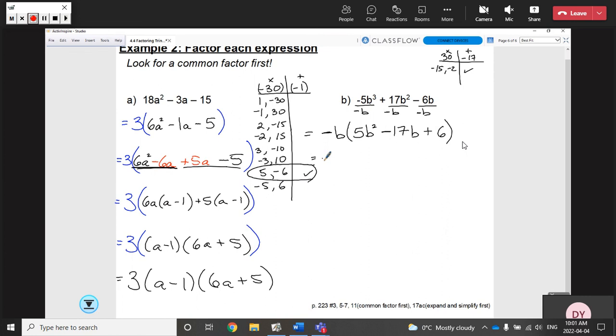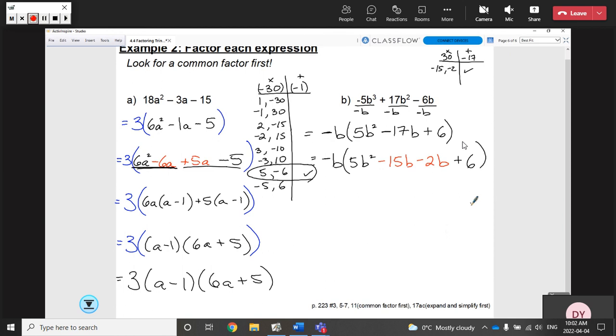So, negative b, and here's our giant brackets here, 5b squared. Now, which term do you want to put first, the negative 15 or the negative 2? Which one would be the easier one to put first here? Probably the negative 15. B minus 2b plus 6.